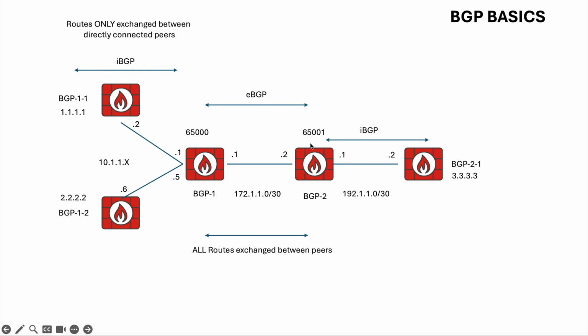So how will it then respond to any traffic destined for 1.1.1.1? Because it can't get to 10.1.1.2. And even if we publish this network across to BGP2, it still won't see that as a next hop. It will just see that as a route existing within its route table.